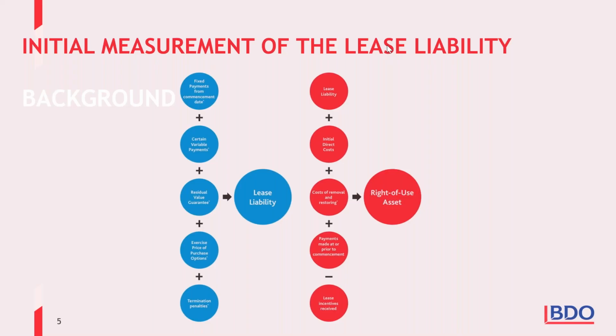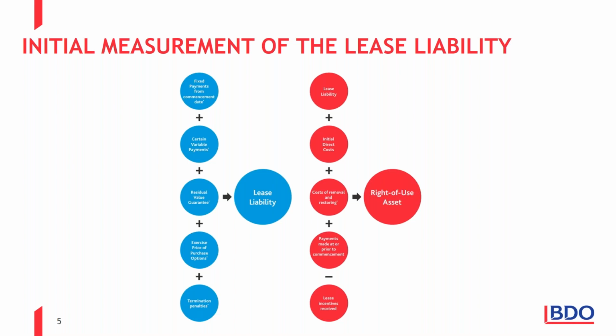Background. As you know, under AASB 16 or IFRS 16, when we first implement the new standard, but also on an ongoing introduction of new leases, the whole calculation starts with the initial measurement of the lease liability.